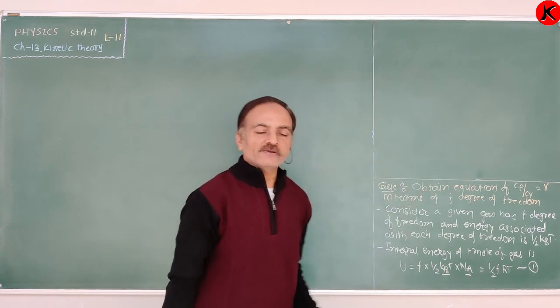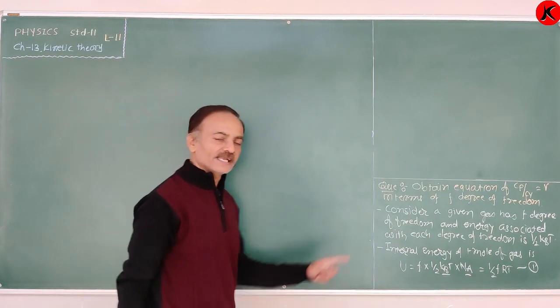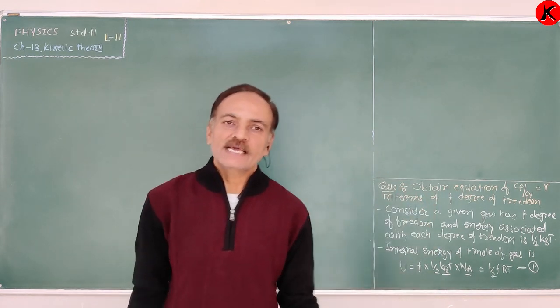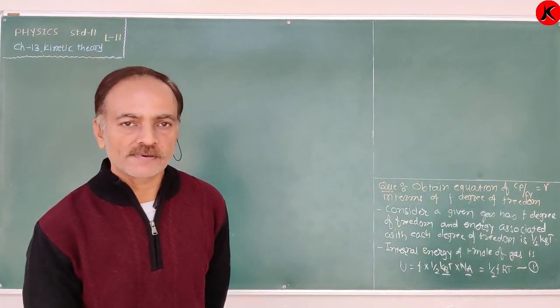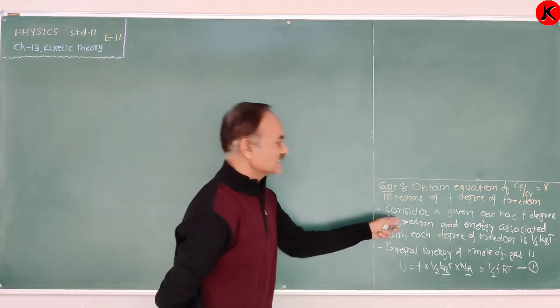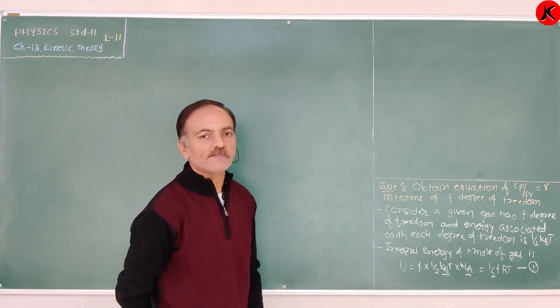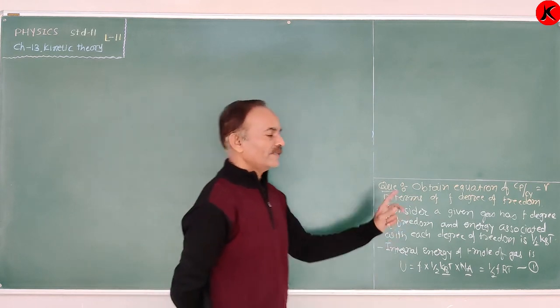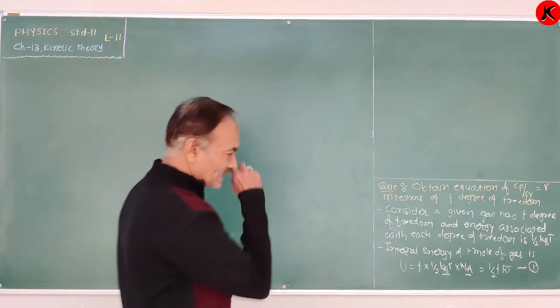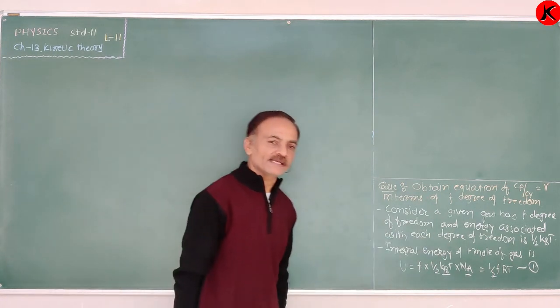Now again, we are going to obtain the general equation of Cp upon Cv for a gas having the degree of freedom F. For that purpose, we consider a gas has F degrees of freedom, and from the law of equipartition of energy, energy associated with each degree of freedom is half kBT.